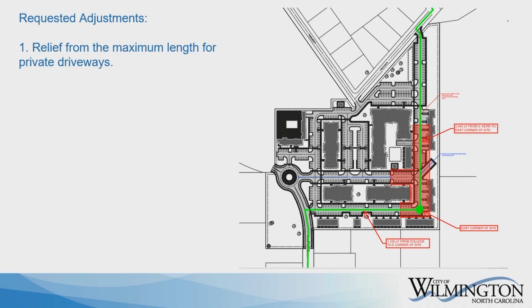Are we married to that entrance on the west? No, we're not. Do you have any plans at any of these locations to provide gates? It's my understanding, we're happy to consider anything TRC would like us to consider. And I don't want to get outside of the bounds of the quasi-judicial hearing, but we're just trying to meet the intent of the code. The code requires interconnectivity, so that's what we're trying to meet.